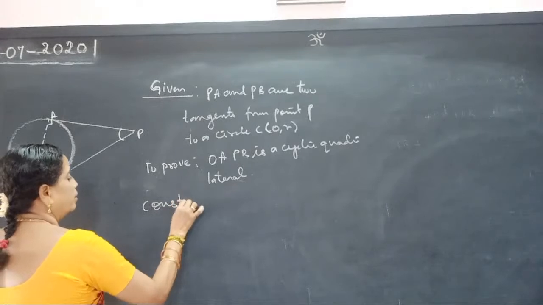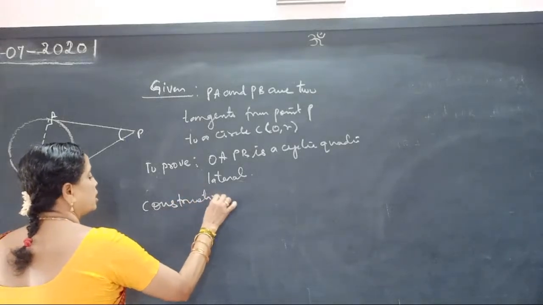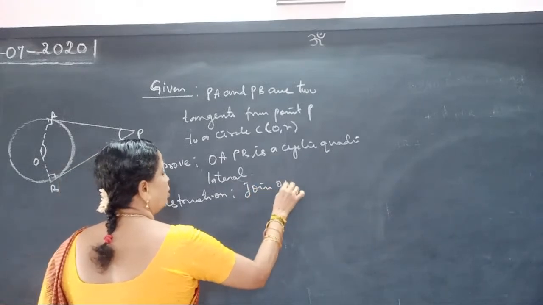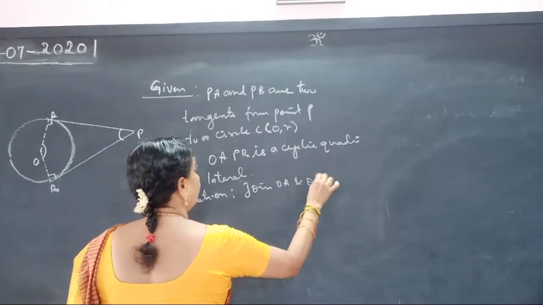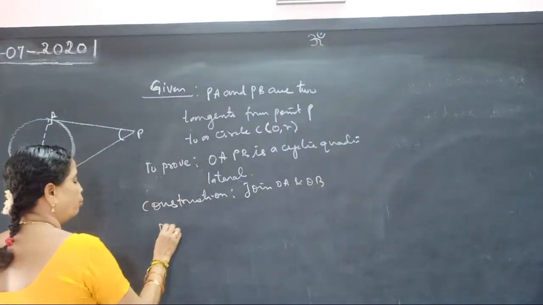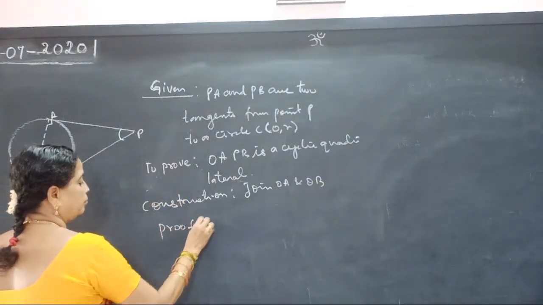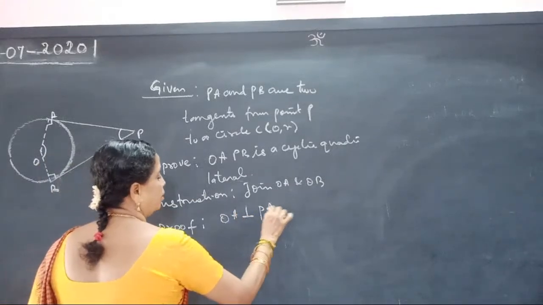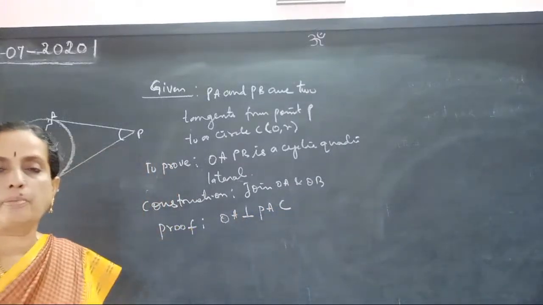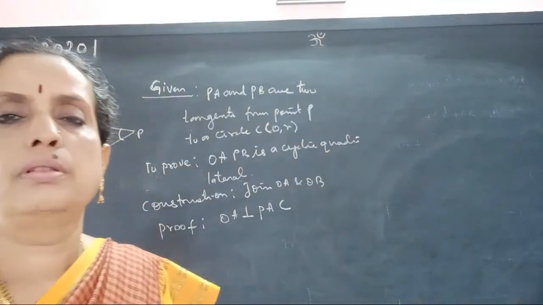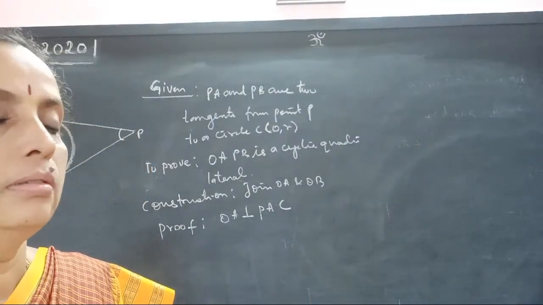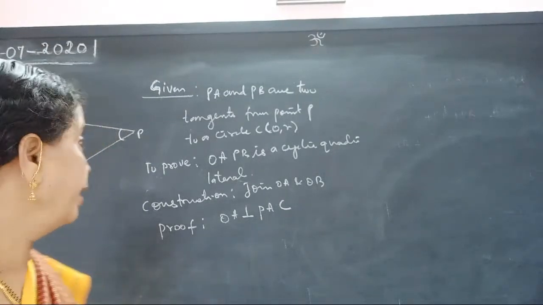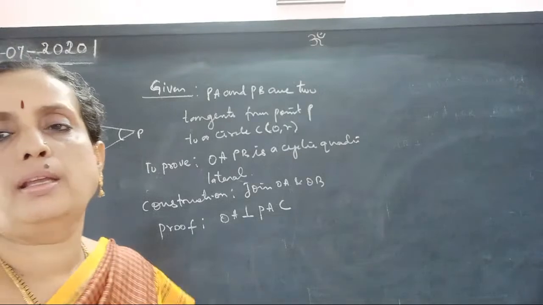Construction required. Construction: join OA and OB. Proof. OA is perpendicular to PA. Why is OA perpendicular to PA?